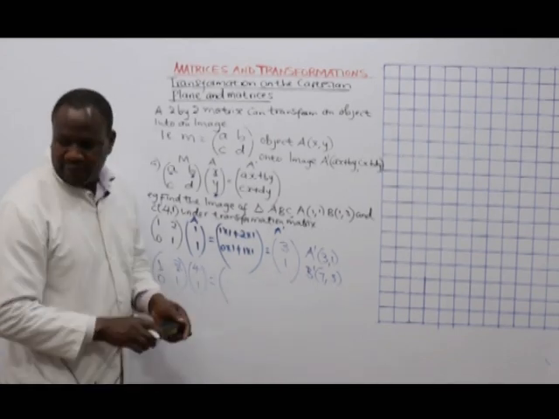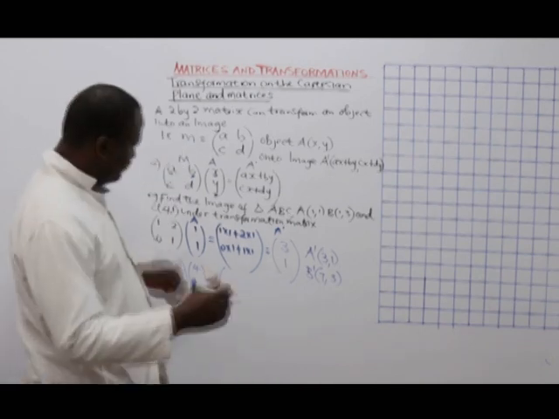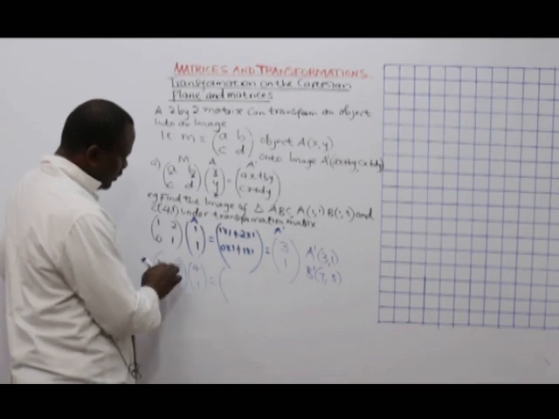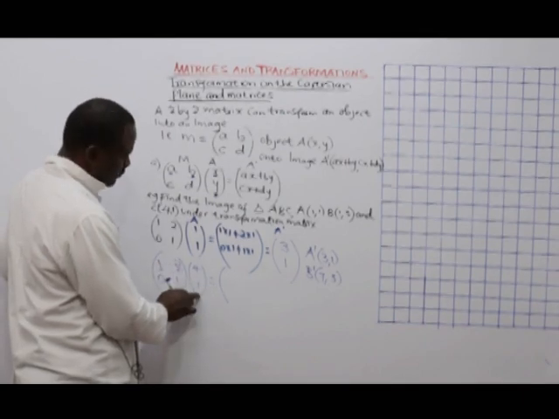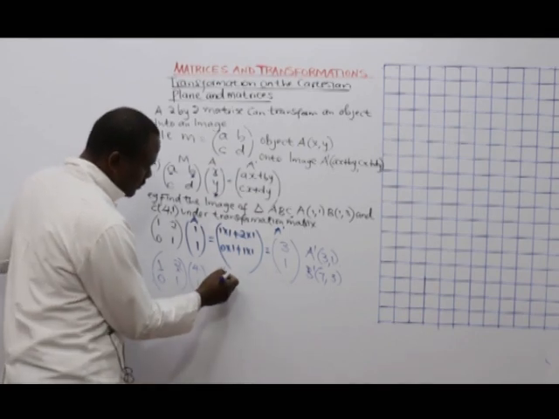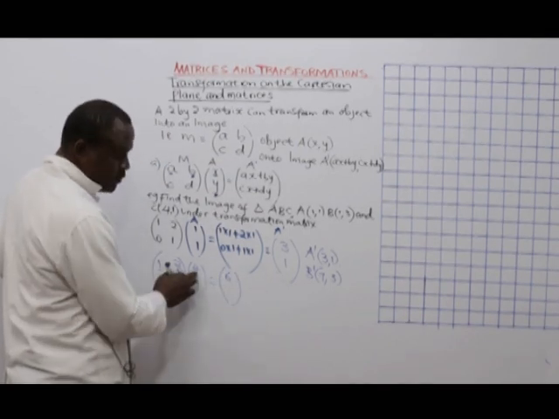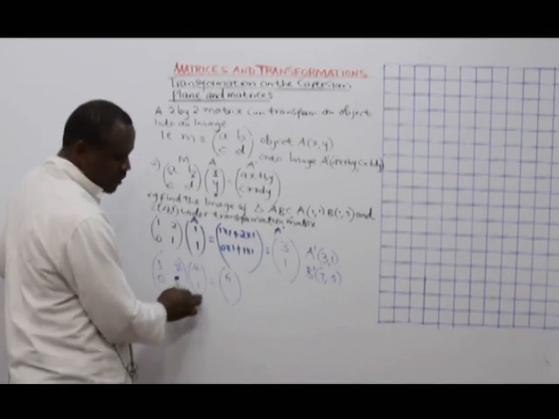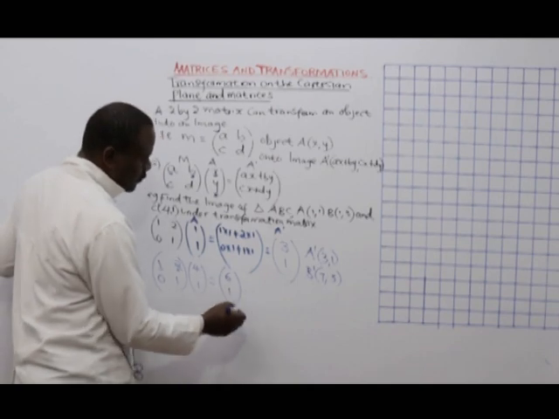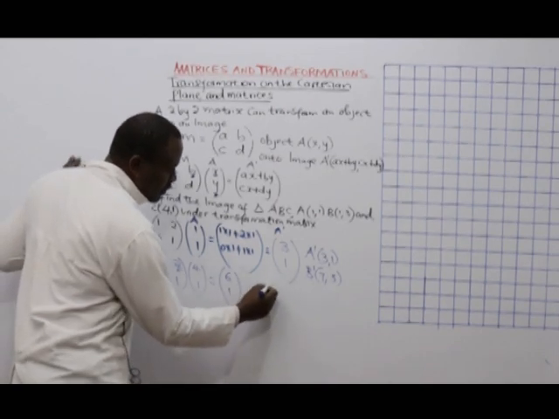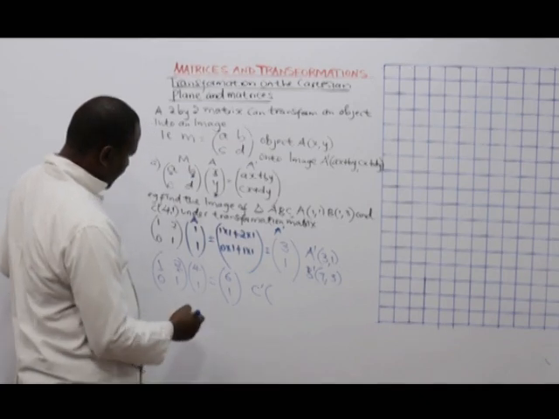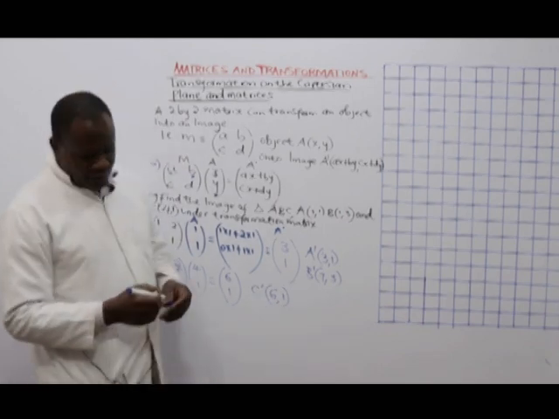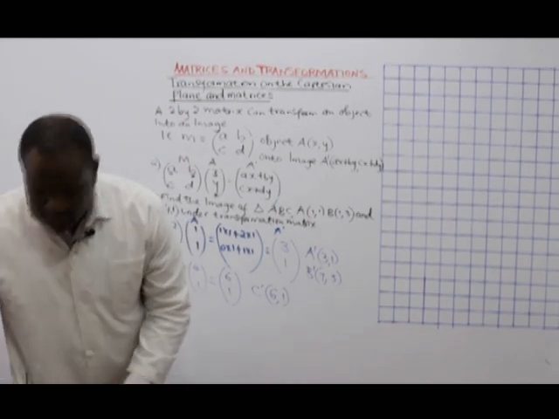It would be better if we used the calculator because it knows the math. 1 times 4 is 4 plus 2 times 1 is 6. 0 times 4 is 0 plus 1 times 1 is 1. So the image of C is therefore (6, 1). And then we plot on the Cartesian plane.